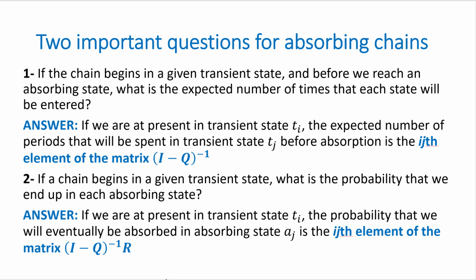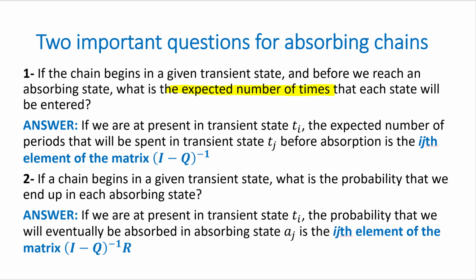If a chain begins in a given transient state, and before we reach an absorbing state, before that junior employee leaves the company, either as a partner or non-partner, or before that 2 month overdue account is paid off or written as bad debt, what is the expected number of times that each state will be entered? So this is about the number, it's not a probability. What is the expected number of times?